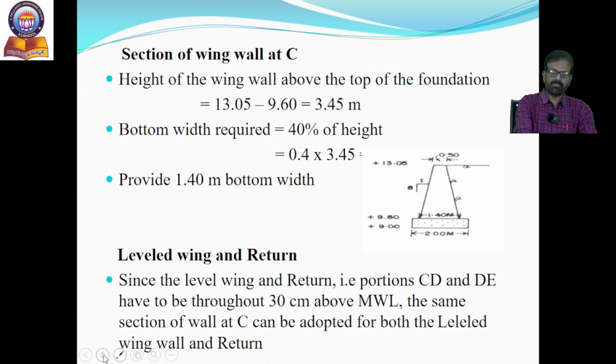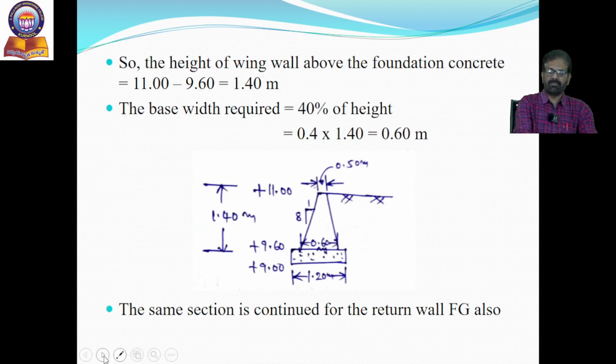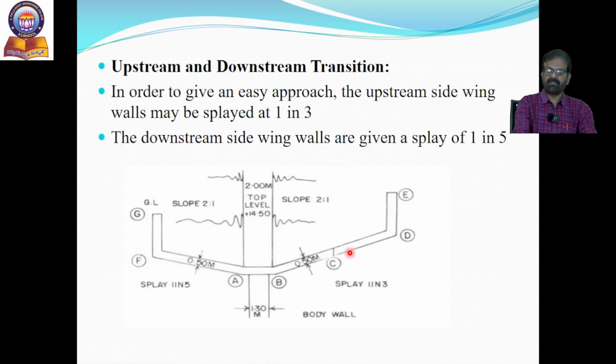Already we designed this abutment AB. Whatever section is adopted for AB, the same can be adopted for this wing wall also. That means at the starting point of the wing wall, at B, the cross section is the same as that of the abutment. That is the statement given.